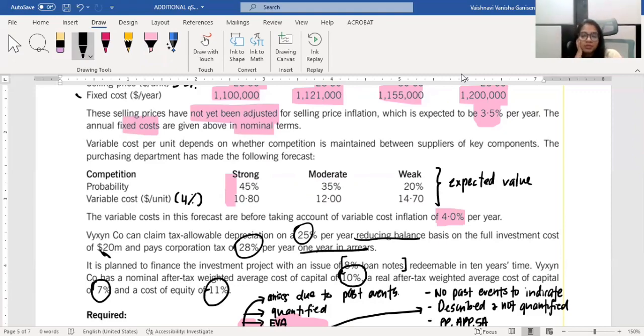Now, if it were you to decide which discount factor to use, which one would you have used? Because there are so many, right? Okay, so you should ideally choose the nominal after-tax weighted average cost of capital.